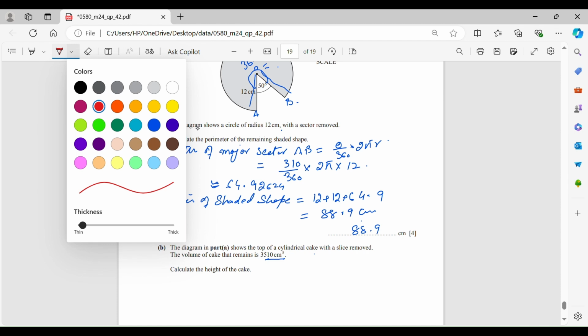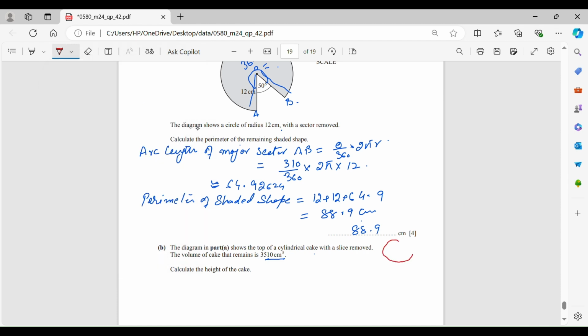Our cake will be this, and this is removed, already removed from the whole part. We have to find this height, h.